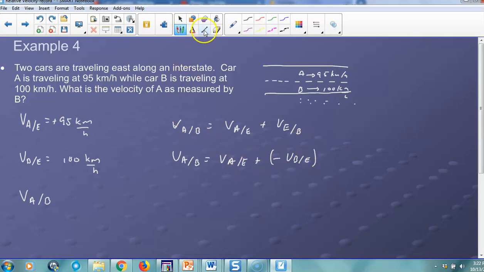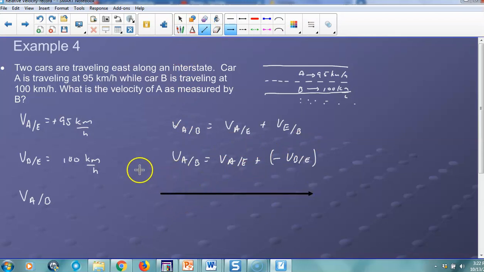So if we sketch this vector-wise, we would have 95 kilometers per hour, so we'll call that velocity of A to Earth, and then we'll put B to Earth. B to Earth is going to be a little bit faster.